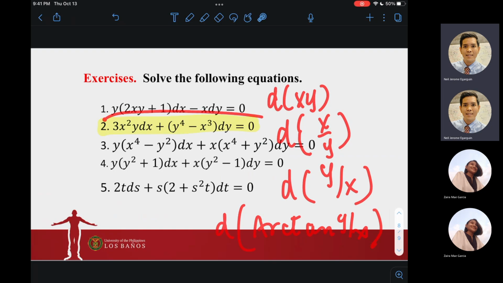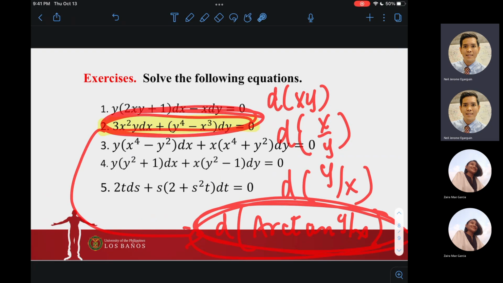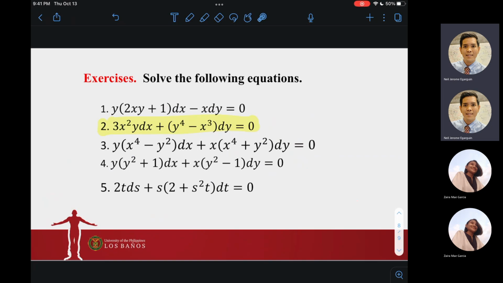Ito pala yung hindi ko na-try. Pero hindi ko alam kung kaya to na arctangent eh. Ito lang yung hindi ko pa natatry dun sa mga forms kanina. And hindi ko siya tinry para dito. So maybe this one would be my arctan. Pero I'm not sure. So kindly check. Unless meron akong na-miss about the differential of xy and the differential of yx.